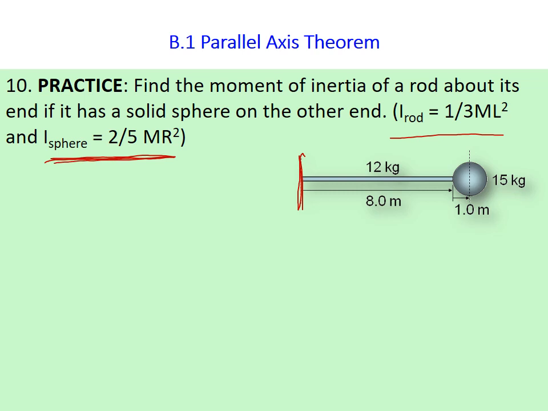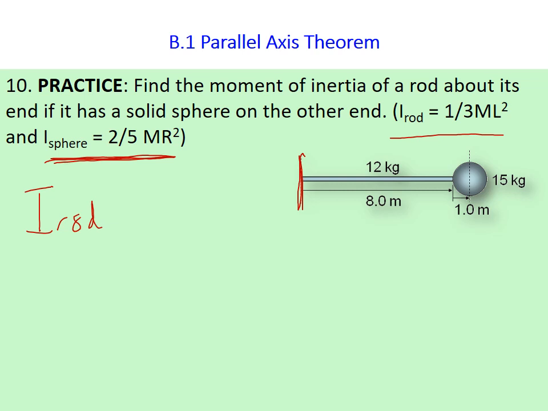Okay, so this isn't a calculus-based physics course. So when we determine moments of inertia for objects, all you're doing is adding up. There's no integration. You don't have to look at anything complicated. And this problem would be the most advanced problem you would see in IB. And I'm trying to do this delicately. So what we will do is add up the moment of inertia for the rod, which is easy to calculate.